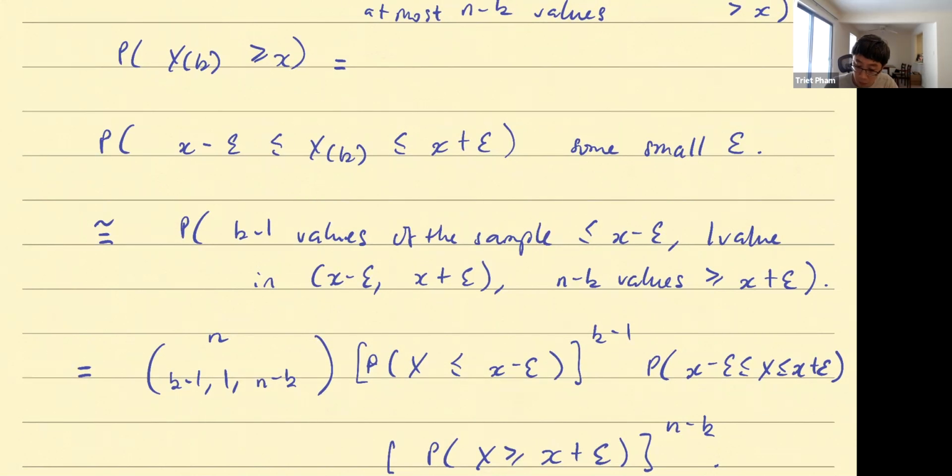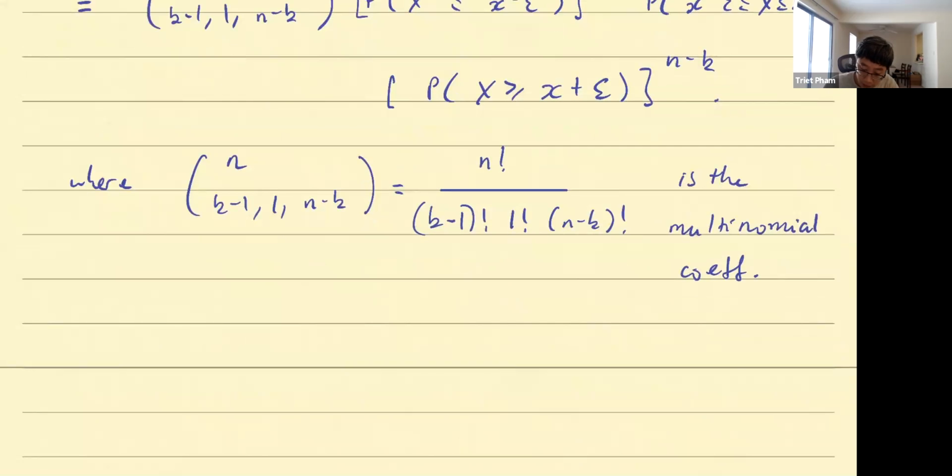Okay, so what's the last step? The last step you want to do is to recognize that the density at a point will be the limit as epsilon goes to 0 of the probability that the random variable is in between that band.